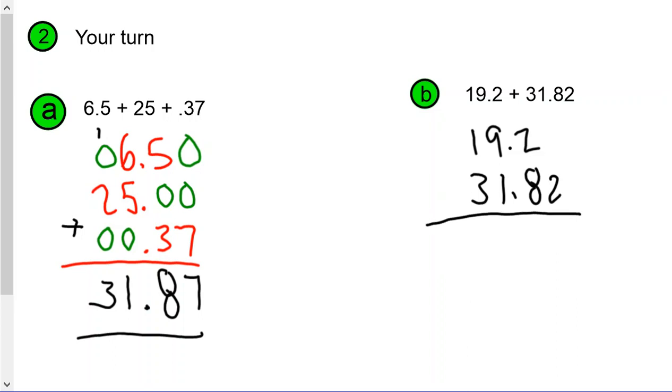Okay, I'm going to add a 0 as a placeholder up here, and then we can just add our numbers like normal. 0 plus 2 will give us 2. 2 plus 8 will give us 10, so I'm going to put the 0 down, carry the 1, make sure I bring my decimal point down. We have 1 plus 9 is 10, plus 1 is 11, and carry that 1. Then we have 1 plus 1 is 2, plus 3 is 5. 51.02, or 51 and 2 hundredths is our answer.